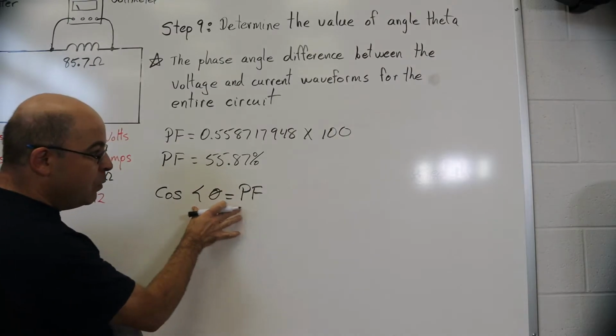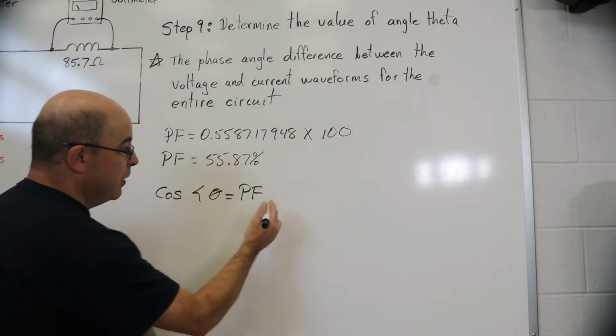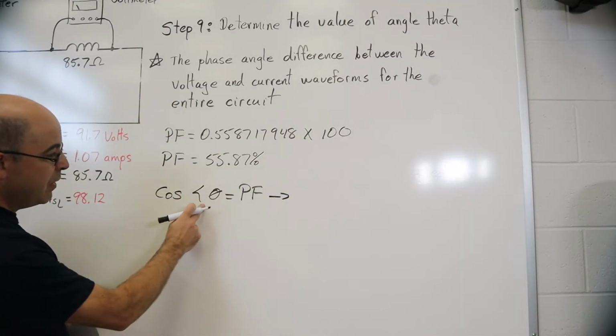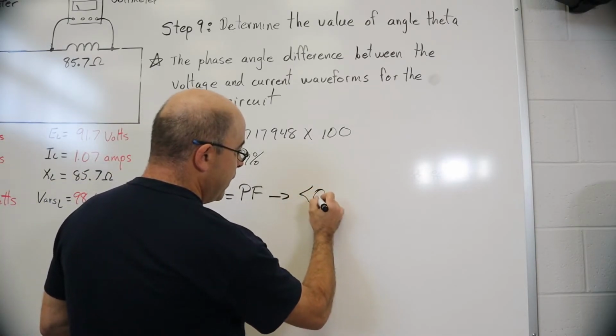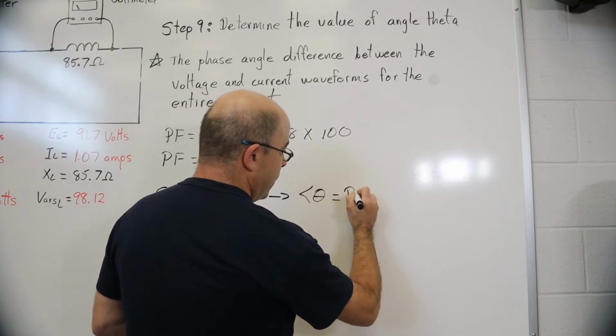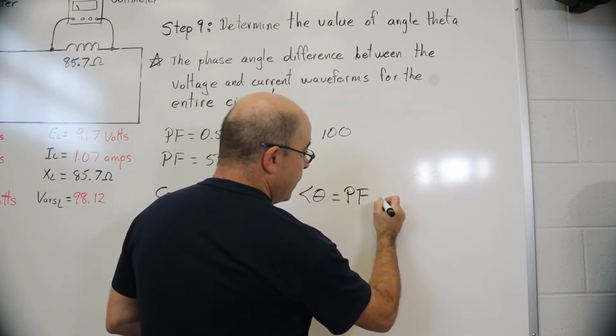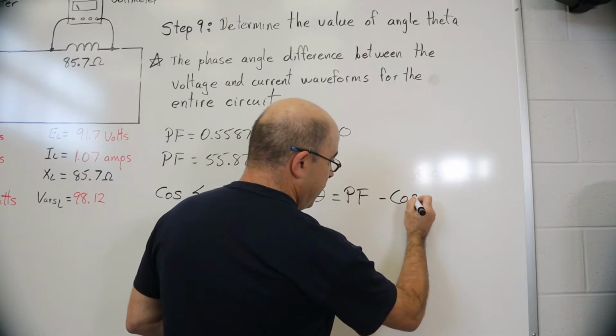But there's one thing. We actually have to manipulate this formula a little bit, meaning the cosine of angle theta, well, cosine's got to come over here. So angle theta is equal to the inverse cosine of the power factor.